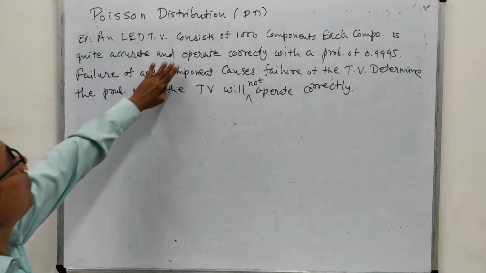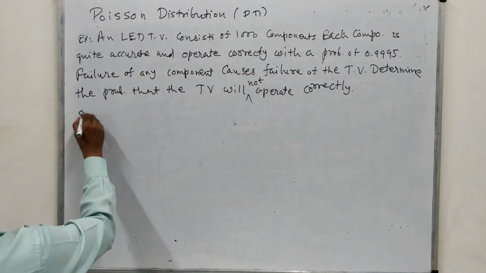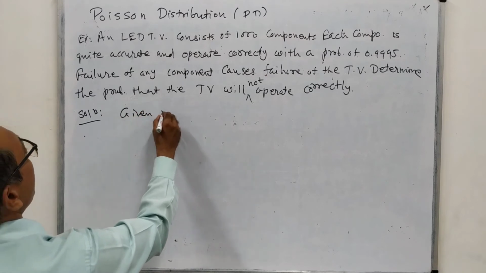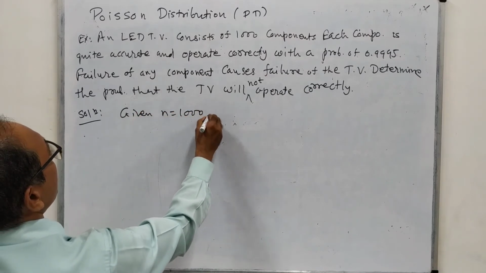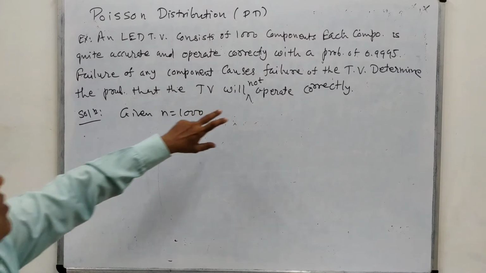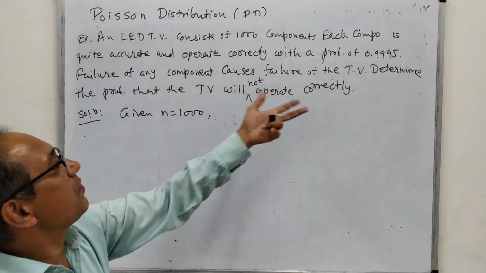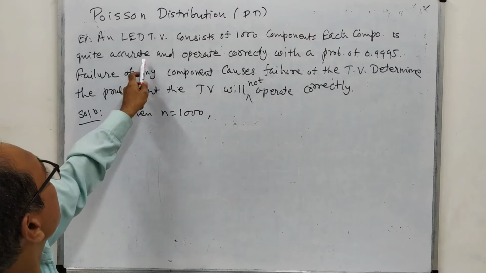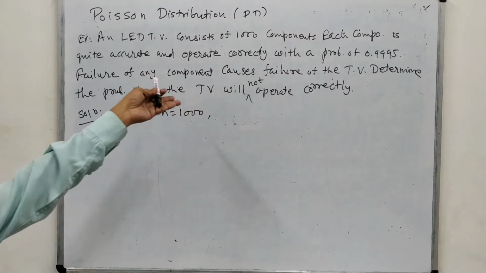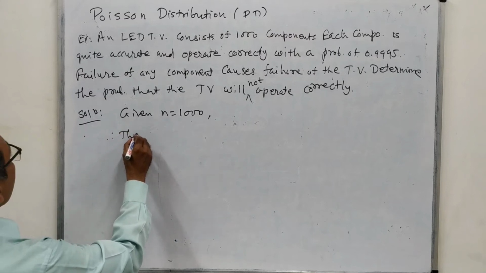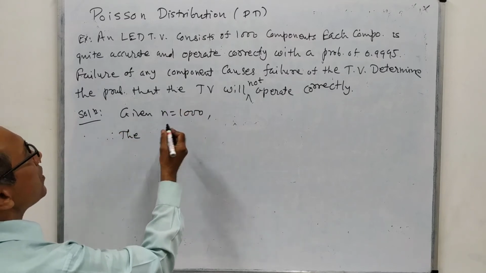And we are given the probability of accuracy. So here we have n equal to 1000 components, and the probability of accuracy is given. But here we want to find the probability that the TV will not operate correctly. That means, instead of the probability of accuracy, we want the probability of non-accuracy. We can find this very easily because the probability of accuracy is given. 0.9995 is the probability of accuracy, a good component.